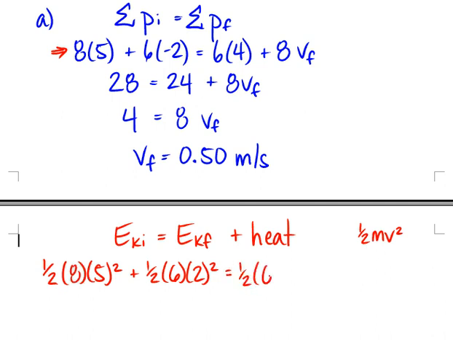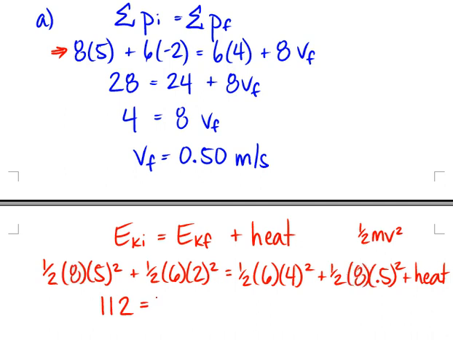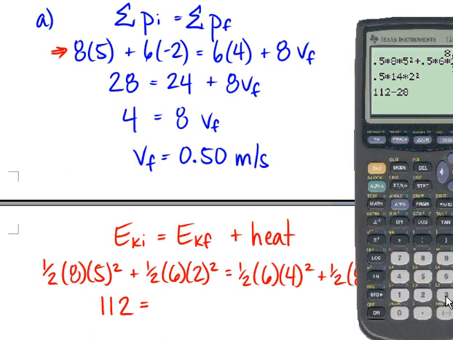Equals 1/2 times 6 times 4 squared, plus 1/2 times 8 times 0.5 squared. And there may or may not be some heat. Squeeze that in there. I think that left-hand side, what did it come out to before? 112. Hopefully I'm right, because I can't edit this video.